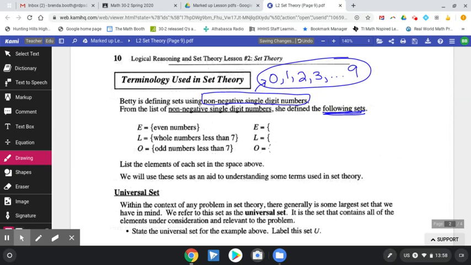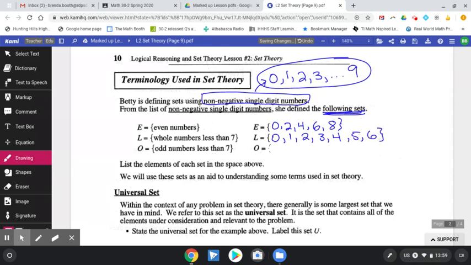All right, so for the even numbers: 0, 2, 4, 6, 8. You'll notice here that 0 is considered an even number, and it's also considered a positive number. Then for set L, whole numbers less than 7, that'd be 0, 1, 2, 3, 4, 5, and 6.